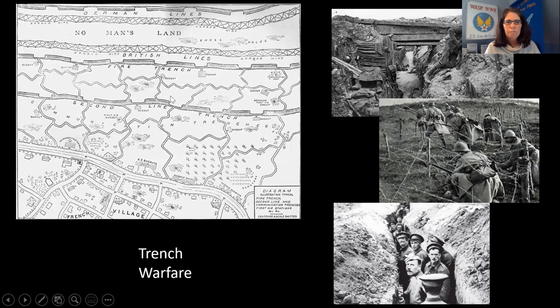So basically what happens is the men live in these trenches and fire upon one another. They bombard each other. And then once the bombarding stops, they climb out, which is what's happening in this image, right?